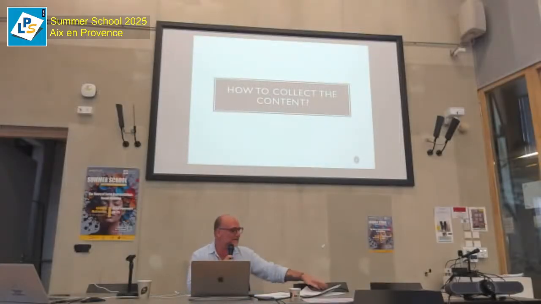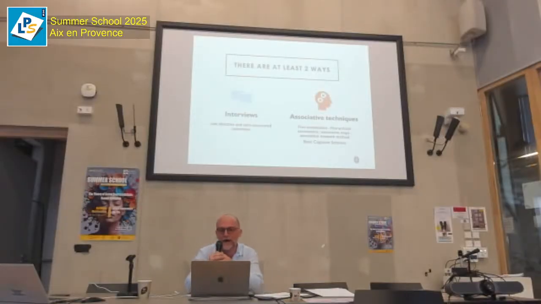So, how to collect the content? First question. There are at least two ways to identify the elements that make up a social representation: interviews and associative techniques, whether verbal or non-verbal techniques. And I will focus on associative techniques today, as they are more consistent with the possibility of formulating hypotheses about centrality, so the structural status of elements in the framework of the structural approach.